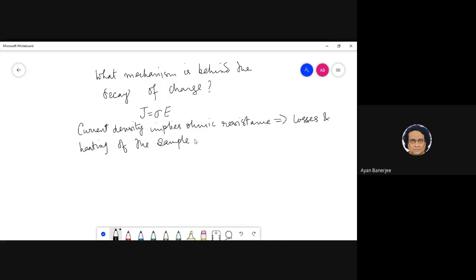Essentially this is just the dissipation of energy of the field into heat or some kind of random processes, and these may be like molecular collisions and all that.